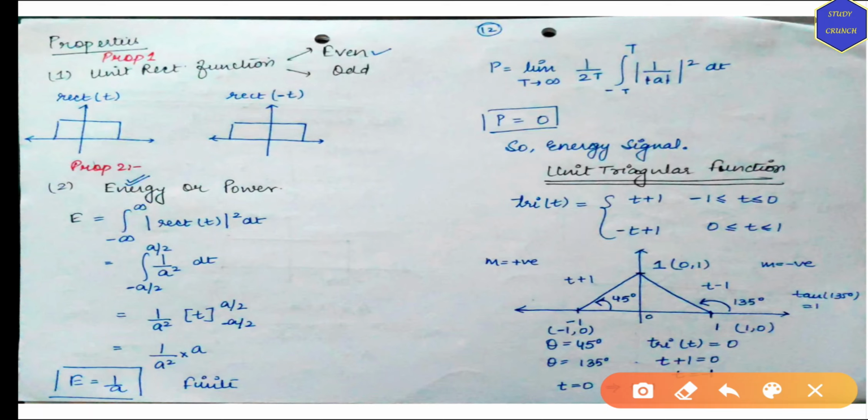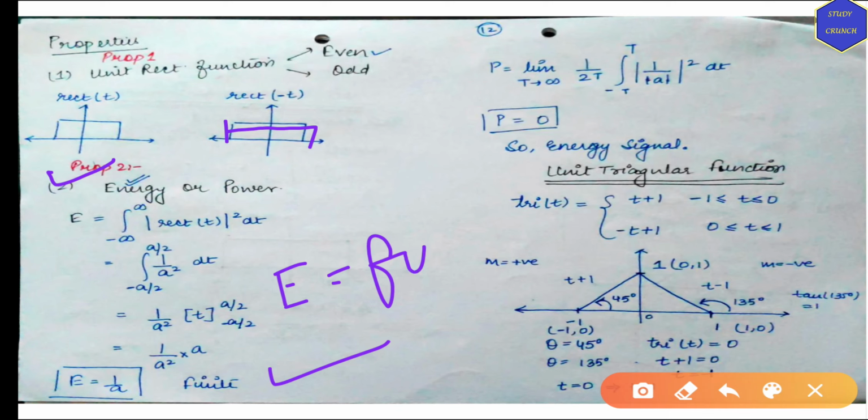The unit rectangular function is an even signal, that is if we time reverse this signal it will come out to be equal. Property number 2 is, it is an energy signal, that is it has finite energy and power is 0. So energy is finite and power is 0 for the rectangular signal.